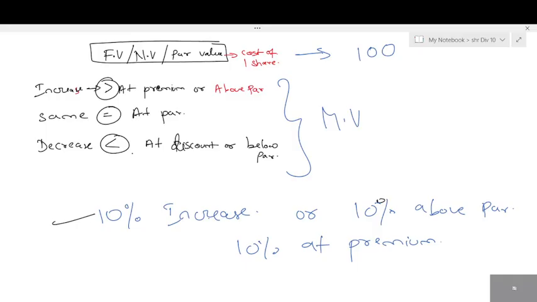Nominal value, face value will not change. Market value keeps fluctuating, which means changing from time to time.